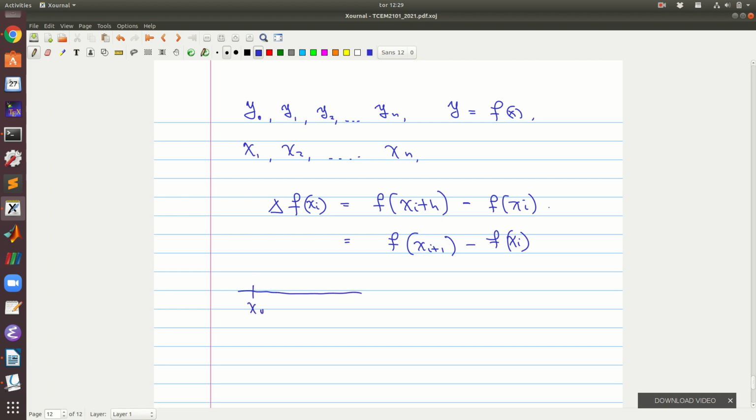If this is xi, then this is xi plus 1 and this is h. So that is why we can always write xi plus h to simply be the one which is going to give us that point f of xi plus 1.